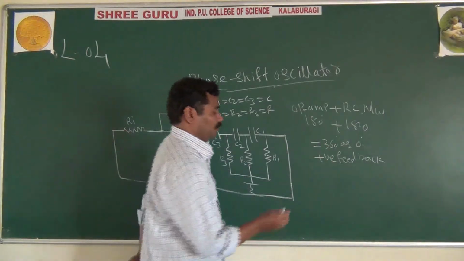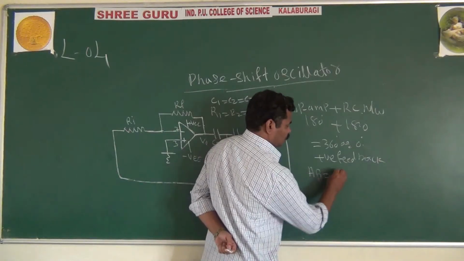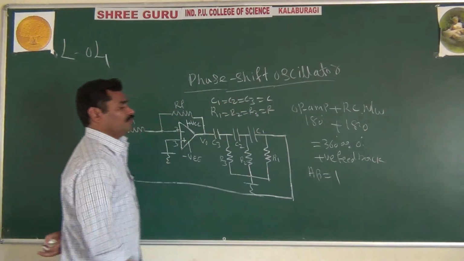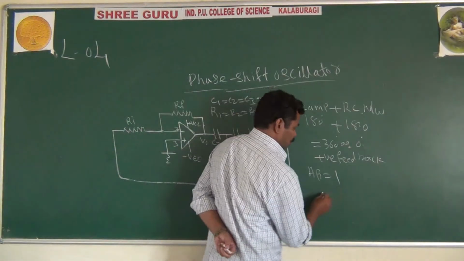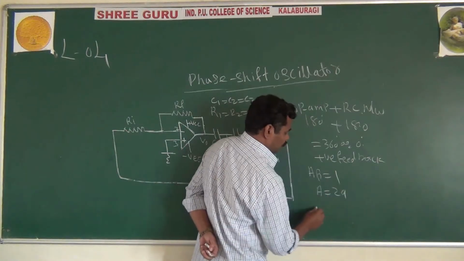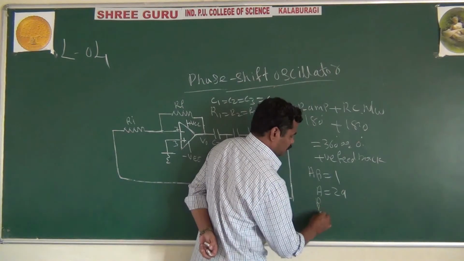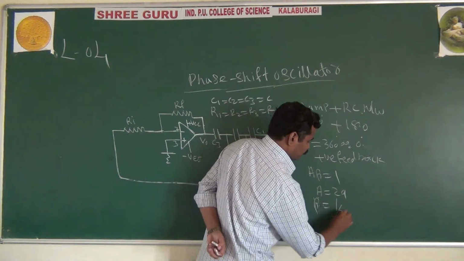And if you want A beta equal to 1, another important condition, A beta equal to 1, then to satisfy it we want A equal to 29, and beta, the feedback factor, equal to 1 by 29.